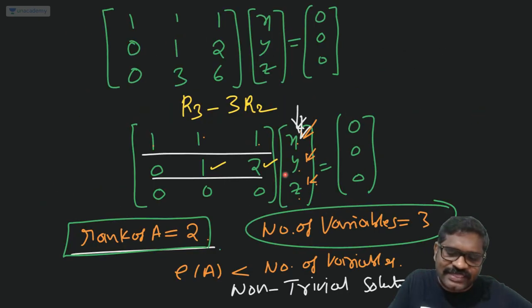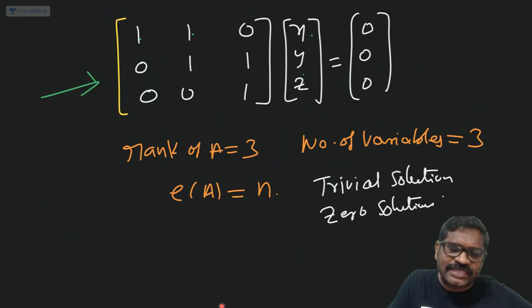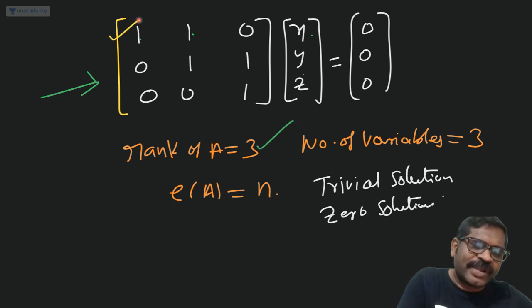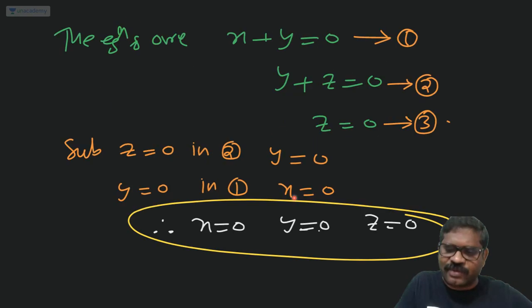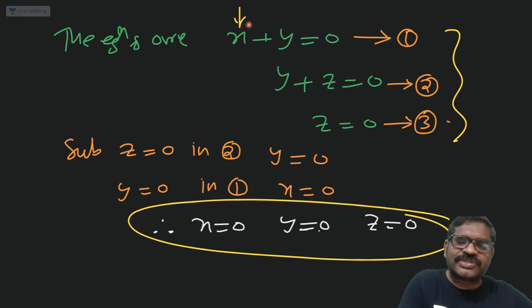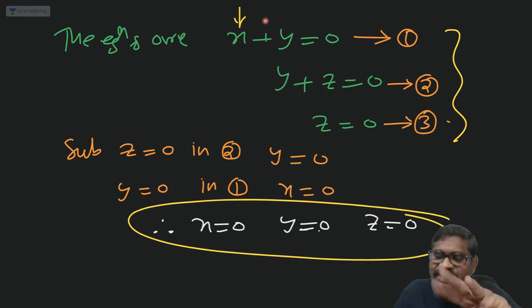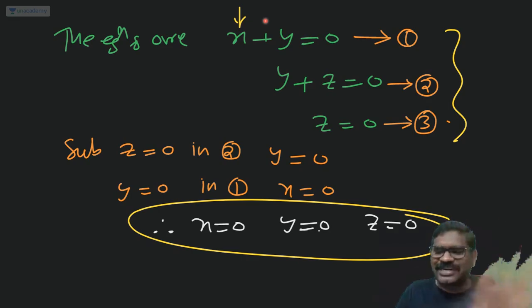In this example, rank is 3. So number of independent equations are 3. Number of variables are 3. Number of independent equations and number of variables both are equal. Therefore, you have 3 equations with 3 variables. If you have 3 equations with 3 variables, 100% trivial.